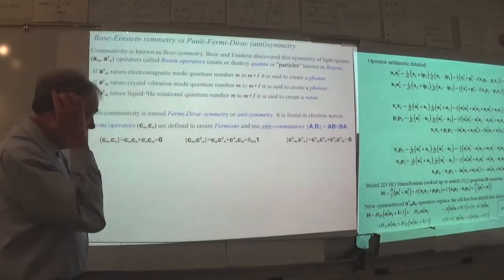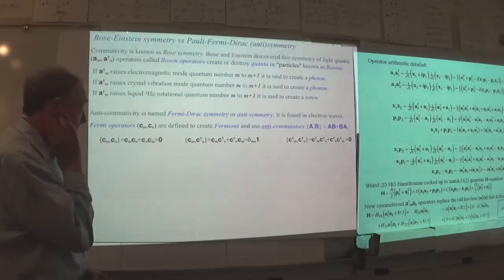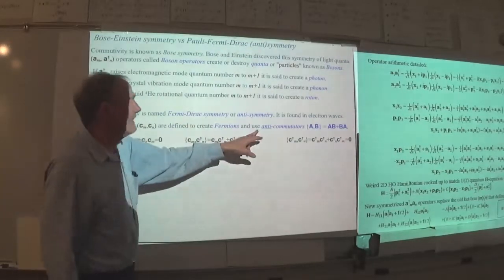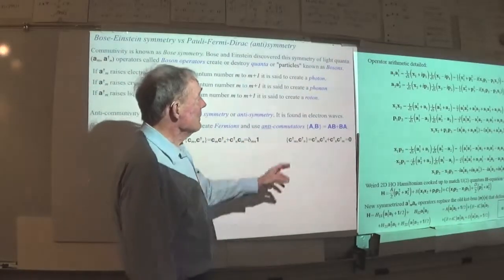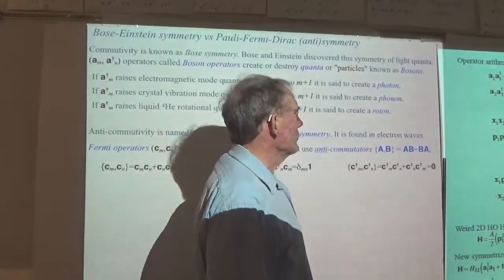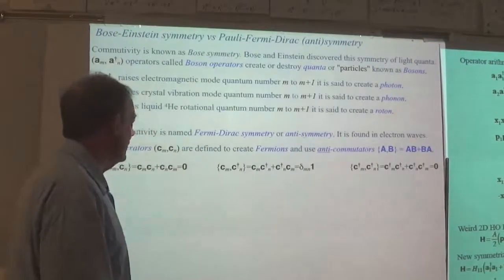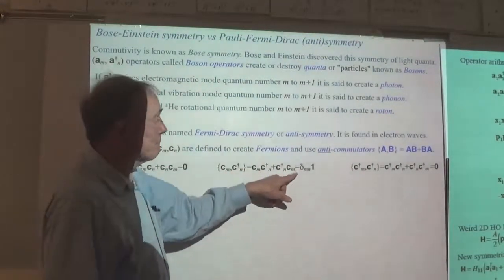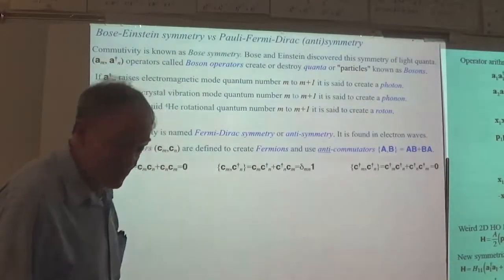Electrons and nucleons are all spin one-half, and they are all what are called fermions, and they're anti-commuting. So there, instead of the commutator to make your algebra, you use this weird thing called an anti-commutator. And the creation and destruction operators for them, well, they're very restrictive.